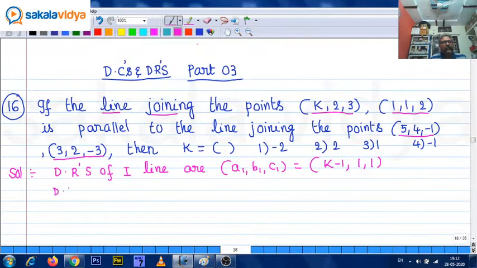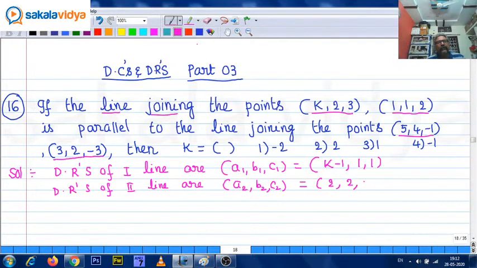Next, direction ratios of second line are, say, a2 b2 c2 equals 5 minus 3 is 2, 4 minus 2 is 2, minus 1 plus 3 is 2.